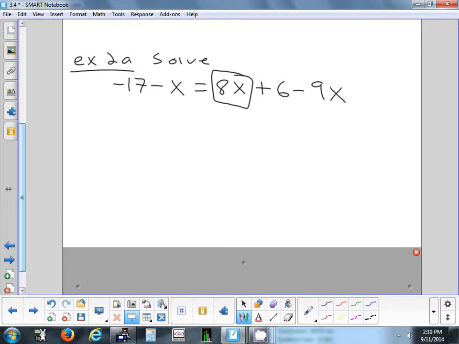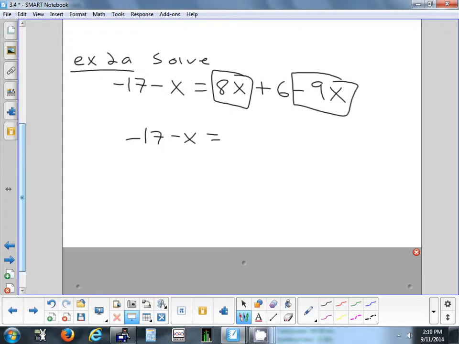What are we trying to combine? Same side, combine like terms, same side. Negative 9x. Somebody said 9x, but that negative goes with the 9. So it's not positive 9x, it's negative. Okay, let's combine those.